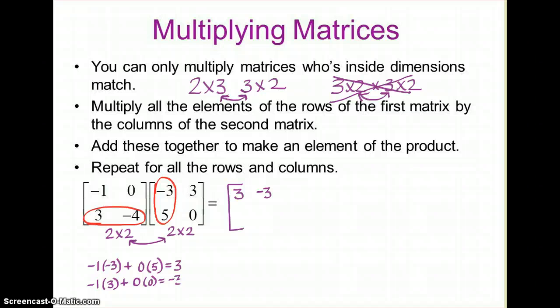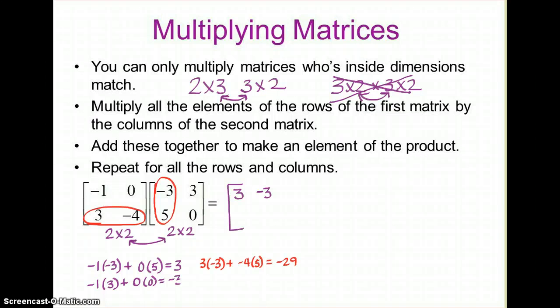To figure this element, it will be 3 times -3, plus -4 times 5. So 3 times -3 is -9, and -4 times 5 is -20, so I end up with -29.